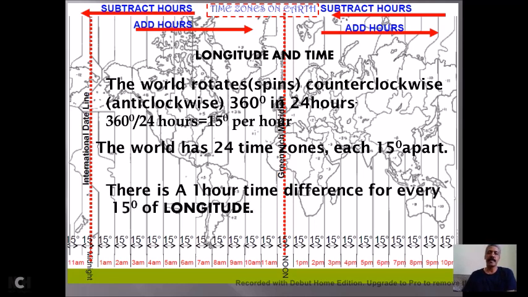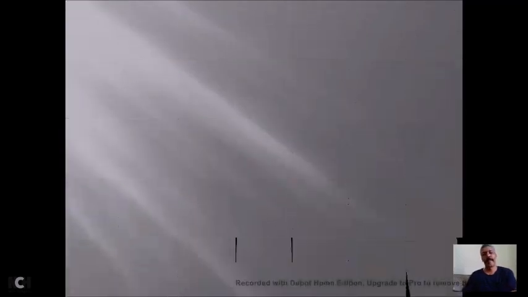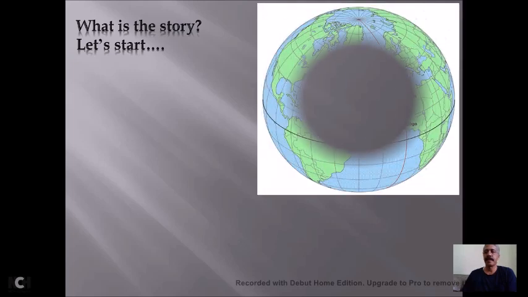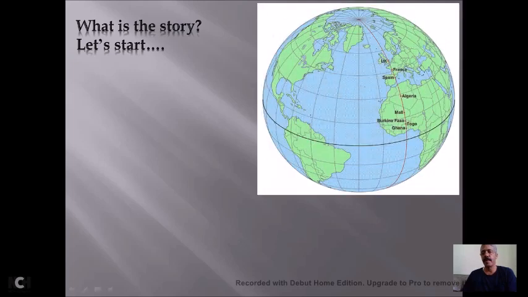Then let's see what is the story. Let's start. You'll see here our map. You see this red line, okay, passing through the UK.